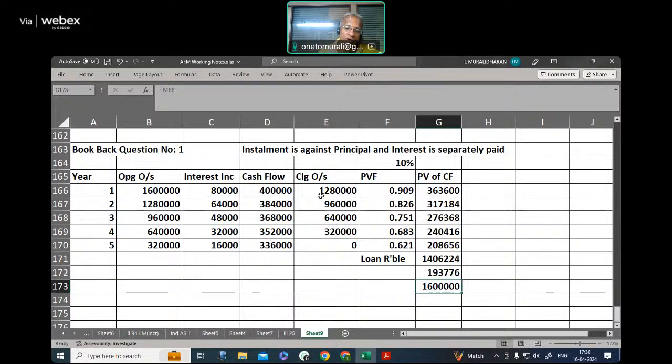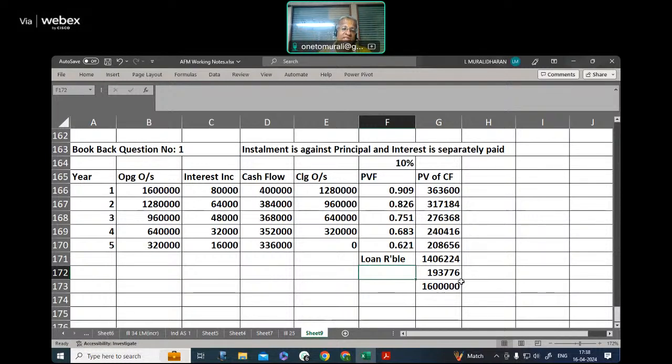So you have this as a loan, and this 193,776 cannot be treated as equity. The reason is that it is not a transaction between the company and the shareholders. It is a transaction between the company and the employees.